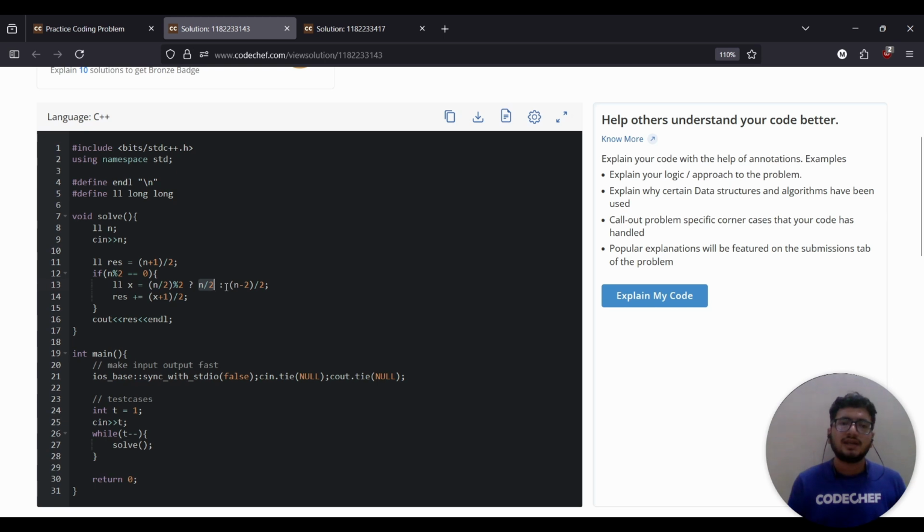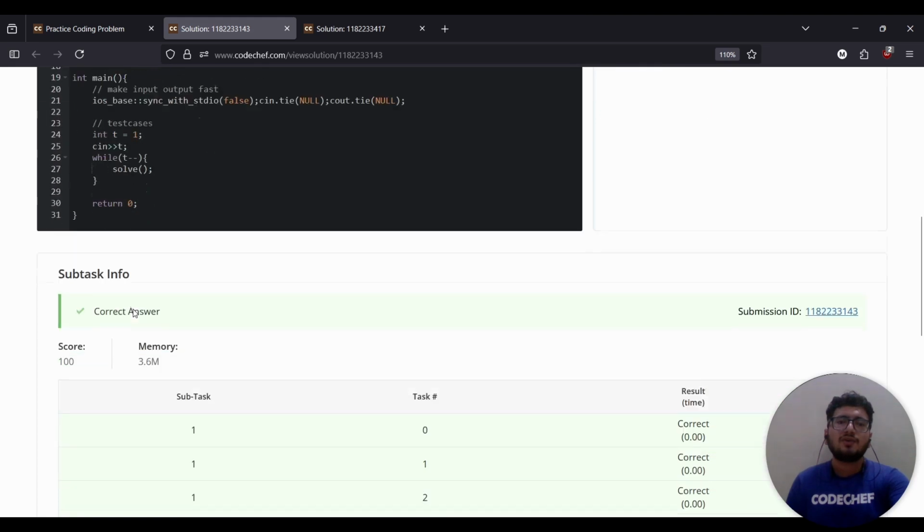If that is not the case and n minus 2 divided by 2 is odd, then with this odd number that we have, this x, we'll perform the first type of operation and get as many odd numbers as we can get. That will be nothing but this number itself divided by 2. That is, half the numbers will be odd, so we can get them and we will add it to our result. And as you can see, I've got an AC in my C++ implementation.